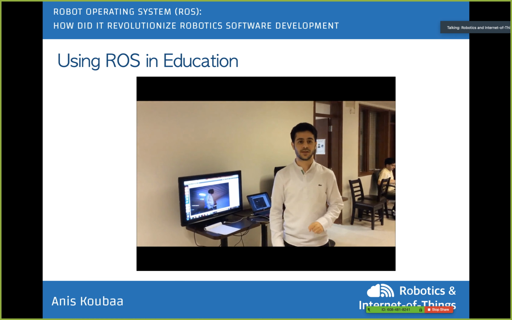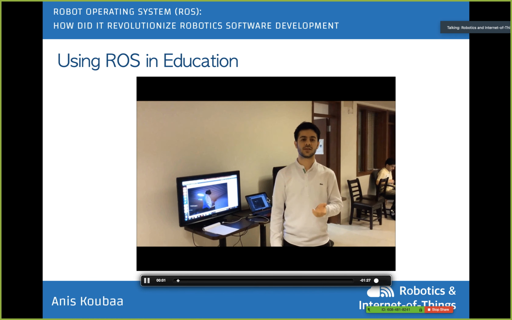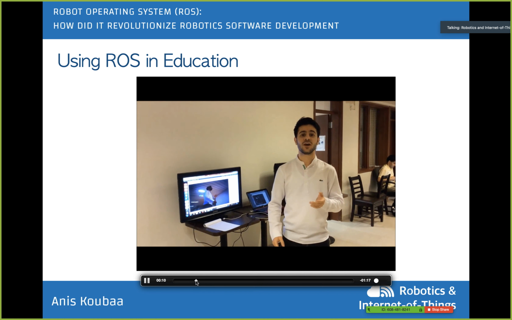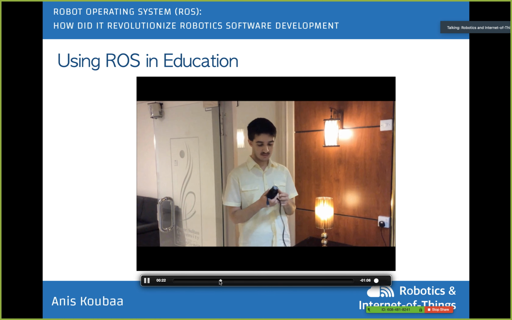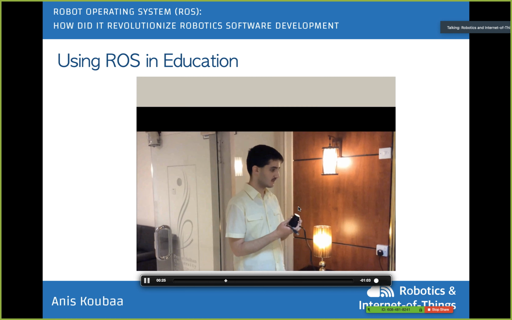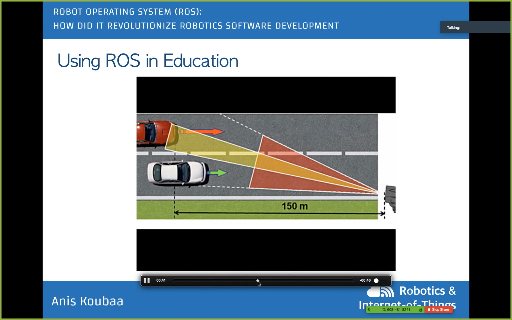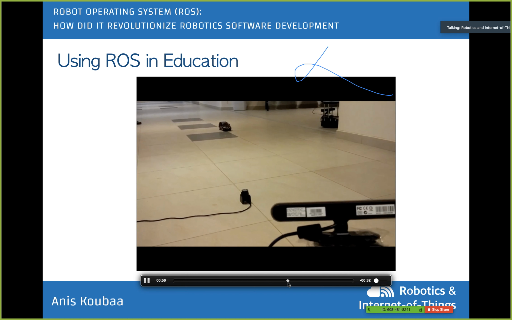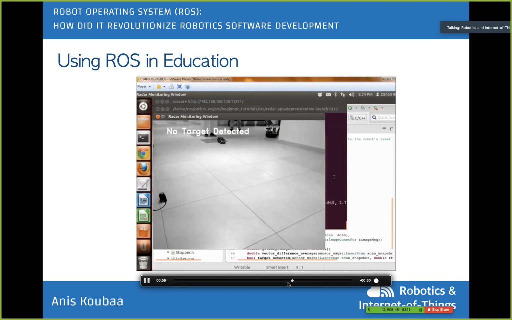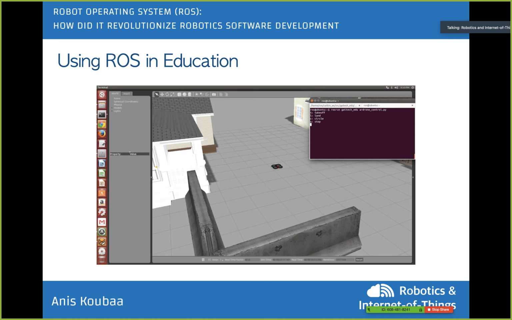This is also some other application that we have developed with the students to emulate a radar system using a laser rangefinder. The idea here was to detect the speed of a car moving in front of a laser scanner by implementing some kind of speed estimation and raising an alarm if the speed exceeded a certain threshold. So this was done by software engineering and computer science students.